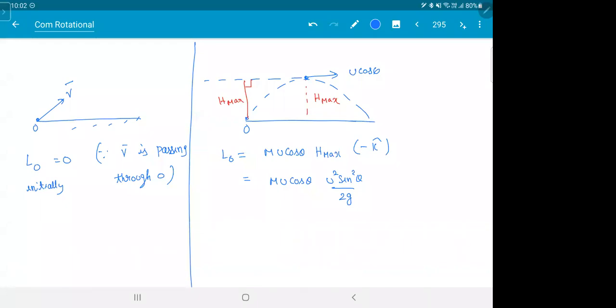Next thing. The third one, when it is landing on the ground, where will it land? The range, na? So it will come with speed u and land also with theta only, same speed and same angle, but direction is changed.